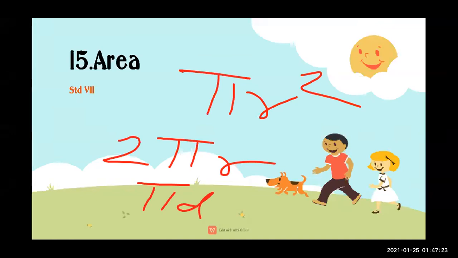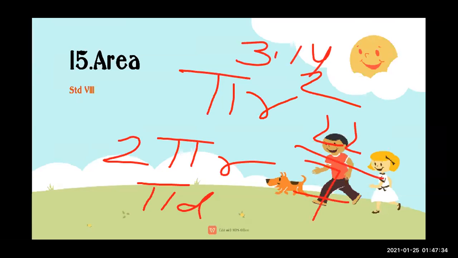The value of pi is 22 upon 7 or 3.14. This is not going to change. Whenever there is a pi, you have to write the value, that is 22 upon 7 or 3.14.